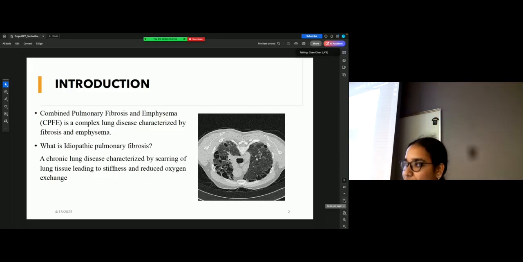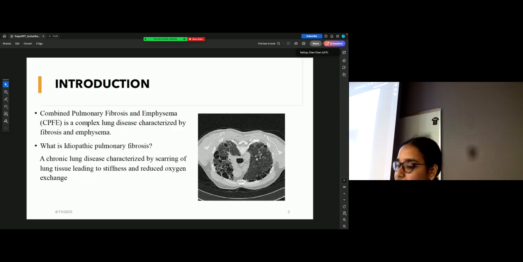Before going into CPFE, I would like to explain what fibrosis is. Fibrosis is a rare and complex lung disease which occurs mostly in older populations. Here you can see the fibrosis pattern in the lower lobe of the right and left lung.